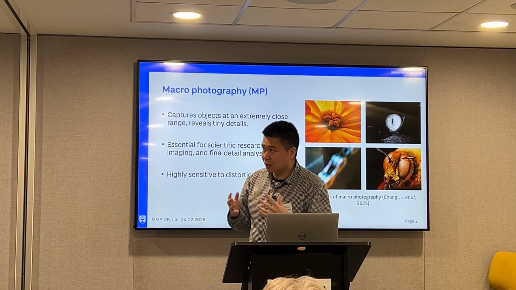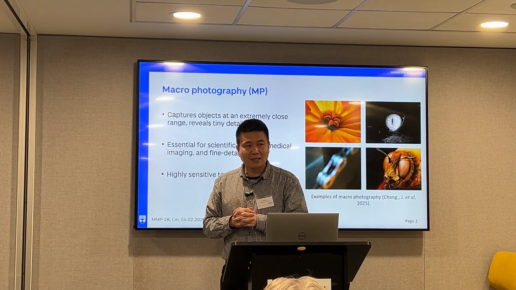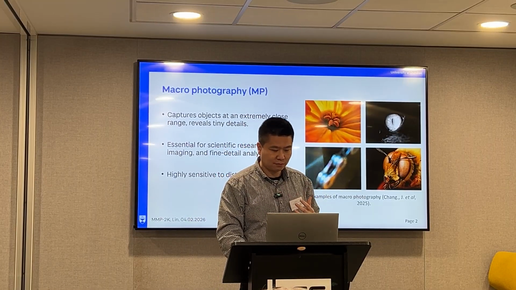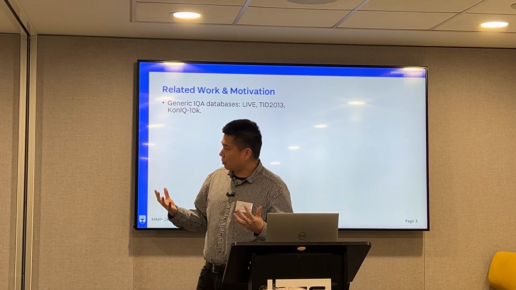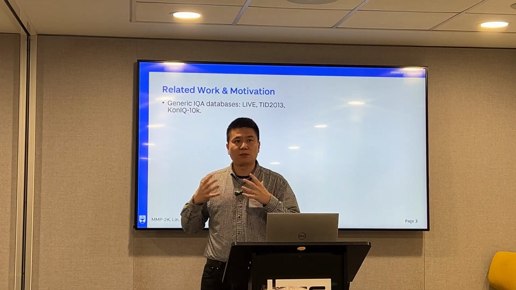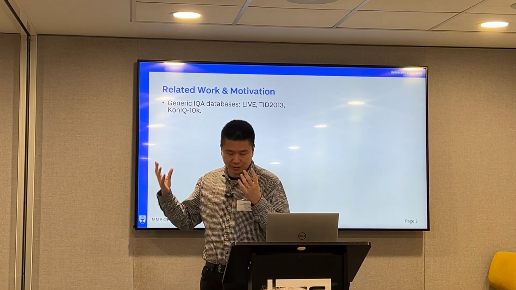We don't know, because we did some research and found that Conic 10K has a few such images, but not all. So this is generic image quality assessment, with different images, different perspectives, and different contents.